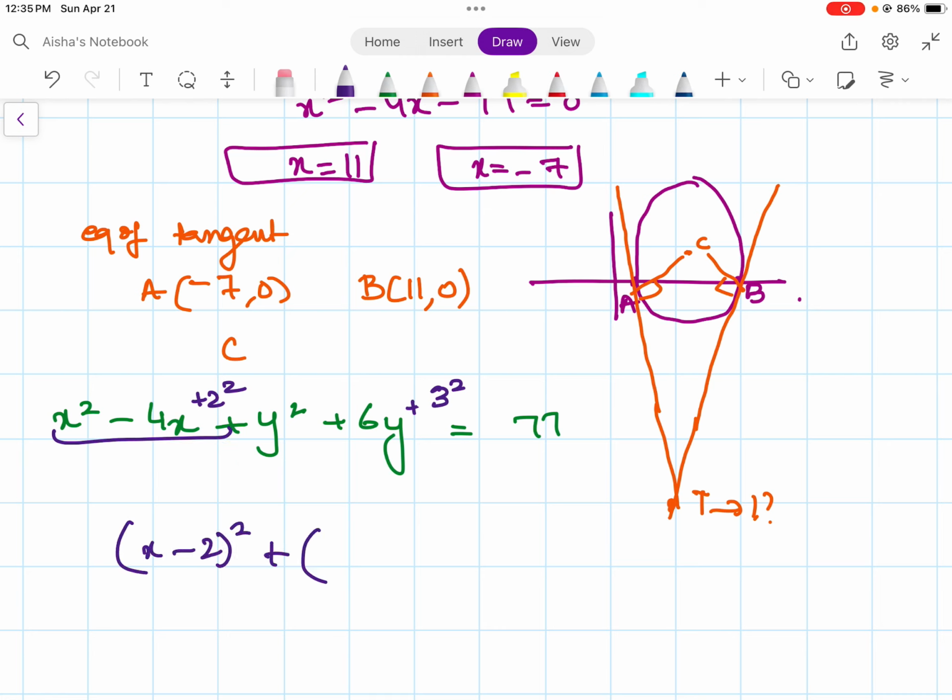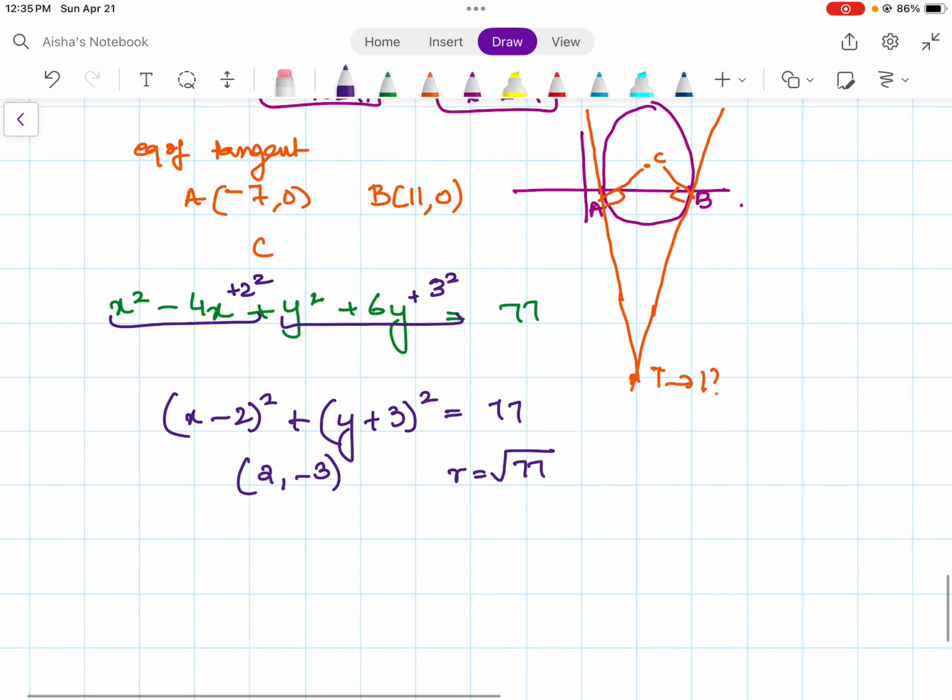A minus B the whole square plus... now finding out the gradient of AC.